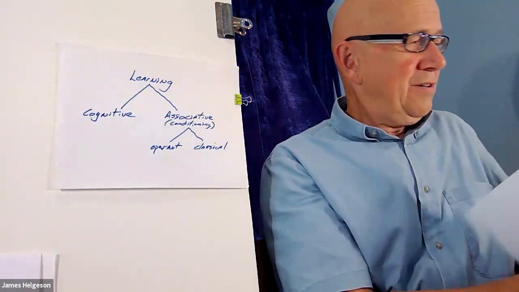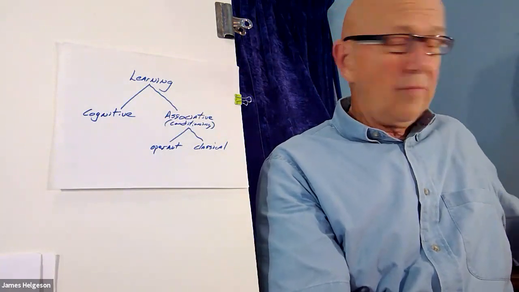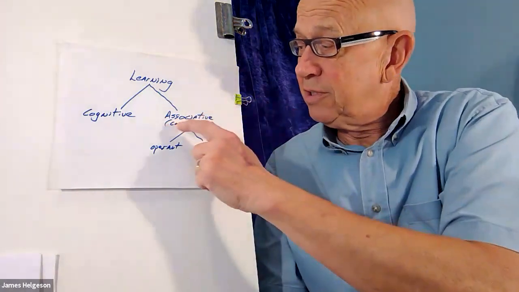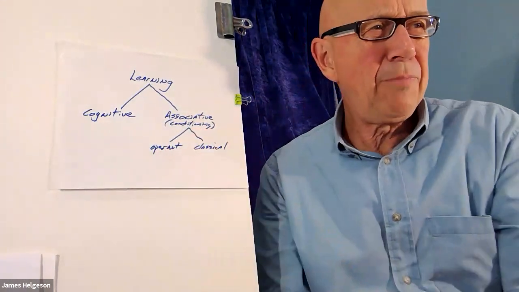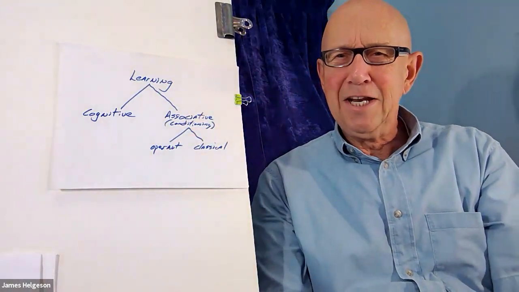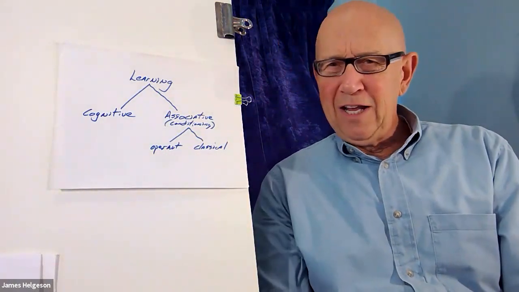Here's another type of learning, and that's associative or conditioning approaches to learning. Down here we have operant conditioning, like Skinnerian, B.F. Skinner kind of approach to learning.